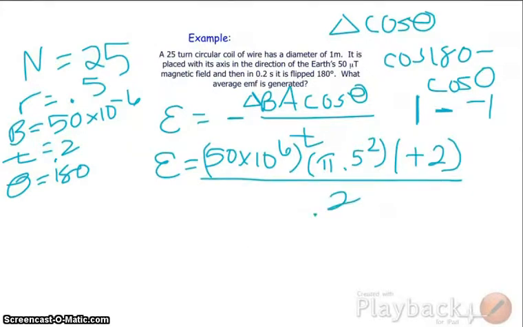And all you have to do is plug it into your handy dandy calculator, and you should get 3.9 times 10 to the 8th. 3.9 times 10 to the 8th equals your induced EMF, and that's in volts.